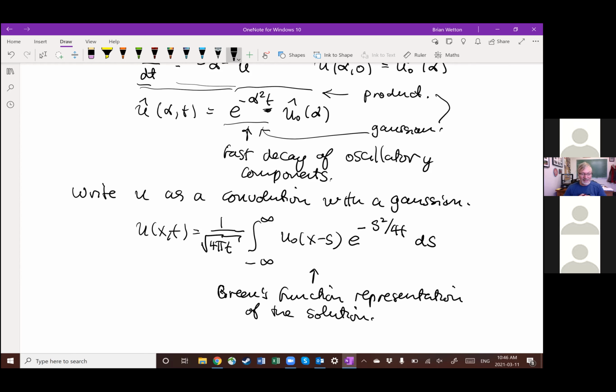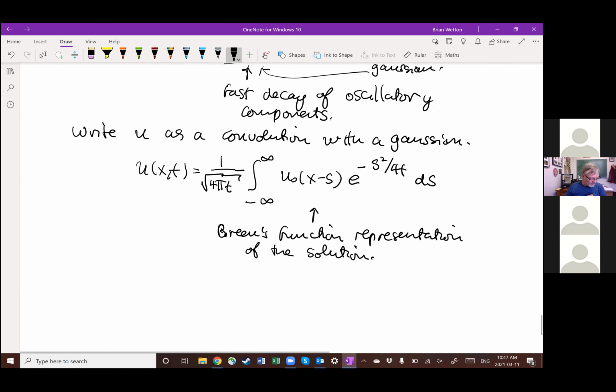Because it's an explicit map of how the data, and we've only got initial data in this problem, right? It's just Cauchy data. There's no right-hand side forcing term. So the only one we're talking about is how does the initial data affect the solution at later time? Well, this is it. This is the explicit map of the initial data to the solution.